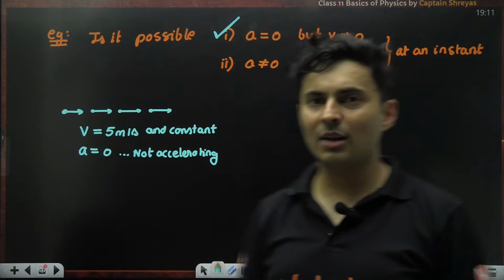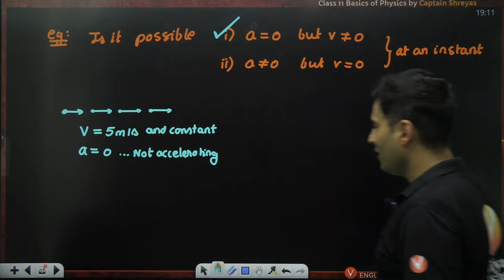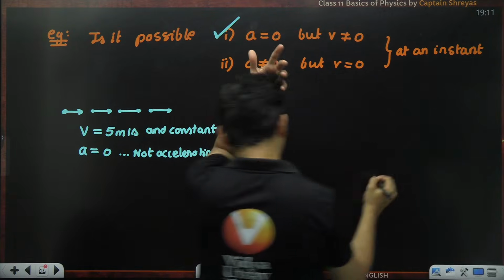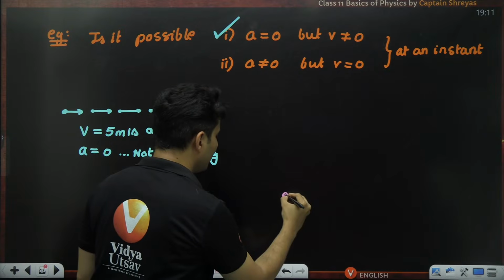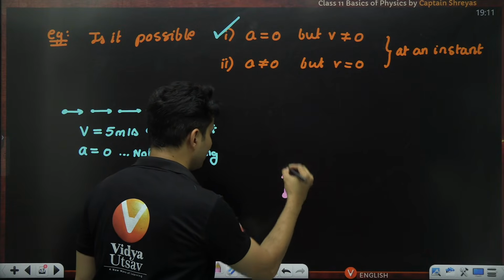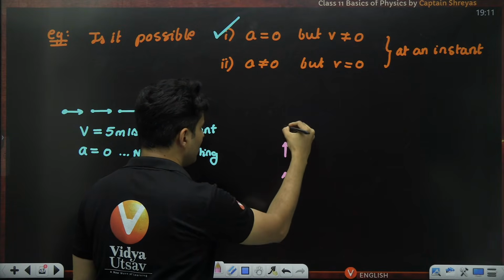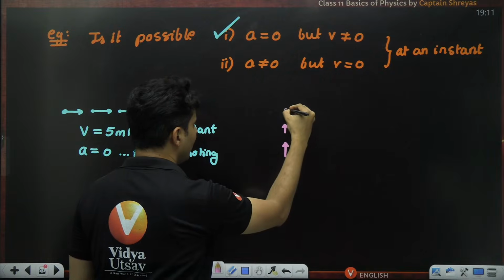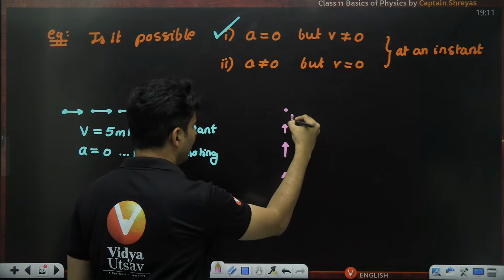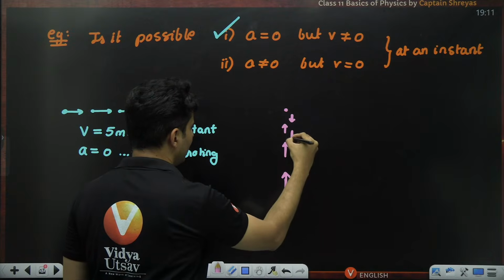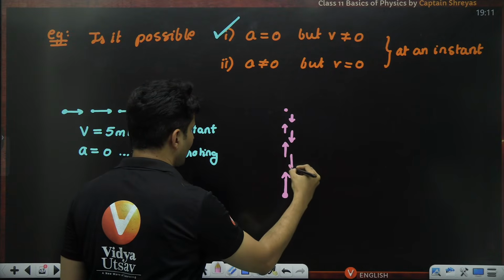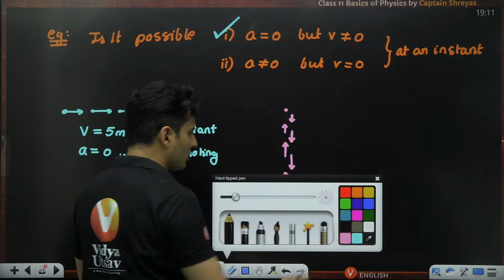Now you might be wondering, what about the second scenario, sir? Well, let me show you a very interesting scenario. Imagine you throw a ball up. As it goes up, the speed reduces and becomes 0 before it turns back and again falls with an increasing speed. Just consider the topmost point.